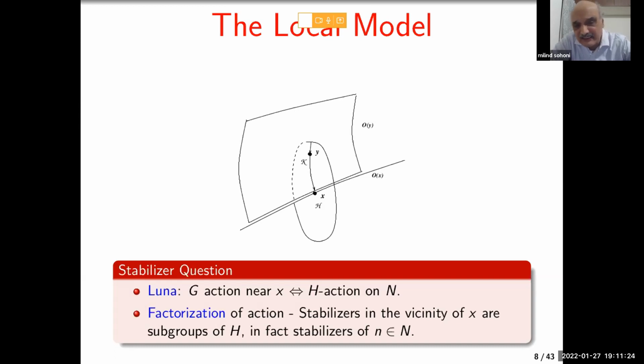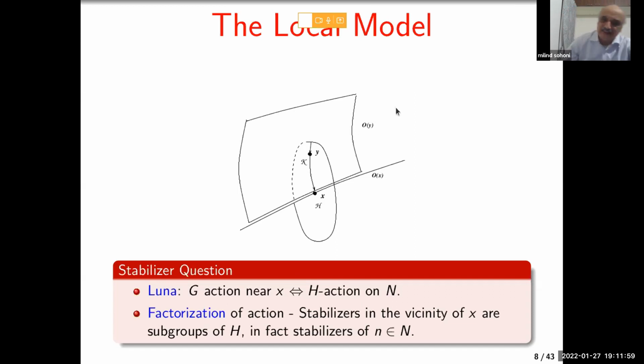So the G action near x is really given by a normal slice N, with a complement H acting on N, and the geometry of the G action near x is really encapsulated by the H action on N and then the quotient G/H. There is also a factorization of the action: H acts vertically and the complement of H acts horizontally, a separation of the two actions locally.